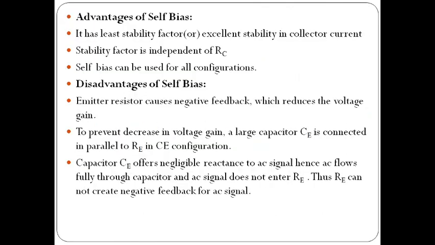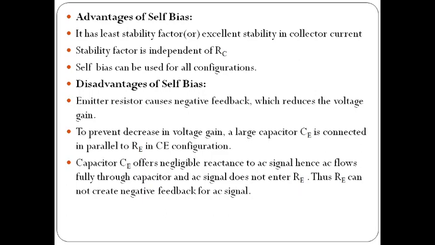Advantage of self bias: it has the least stability factor, or excellent stability in the collector current. The stability factor is independent of the RC value. Why? Because here the stability factor depends only on the RE and RB values.